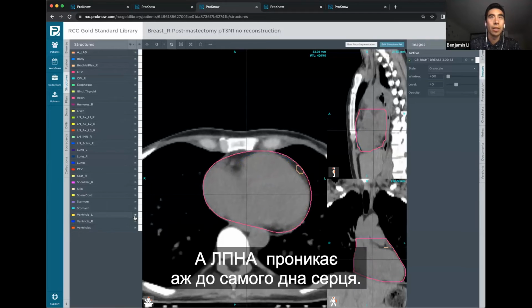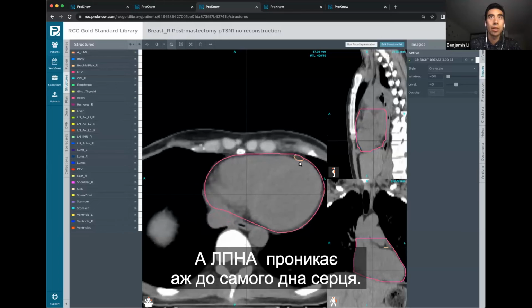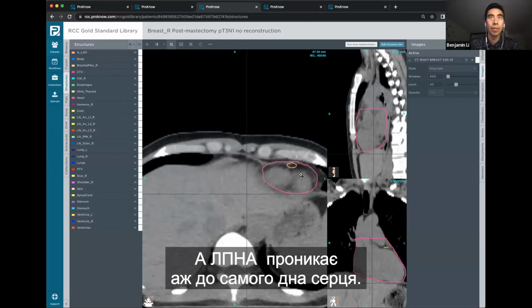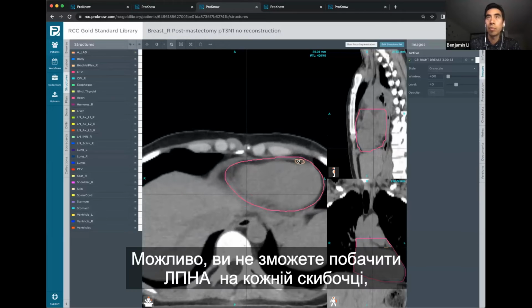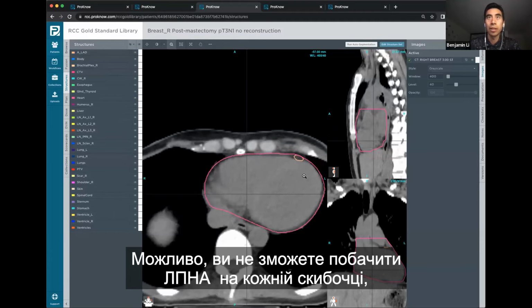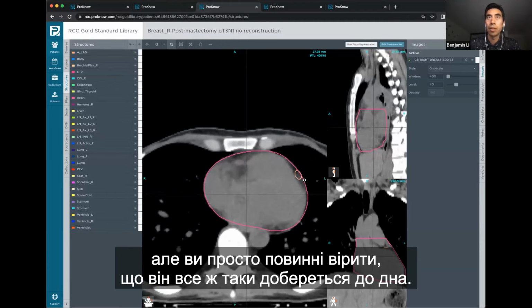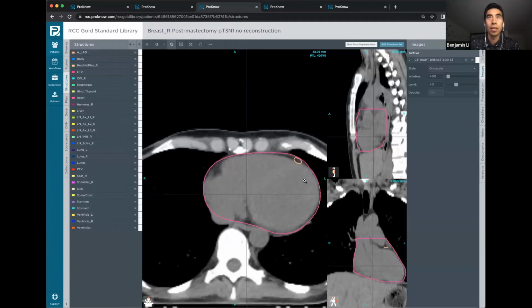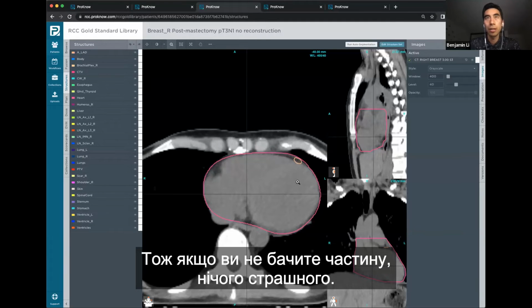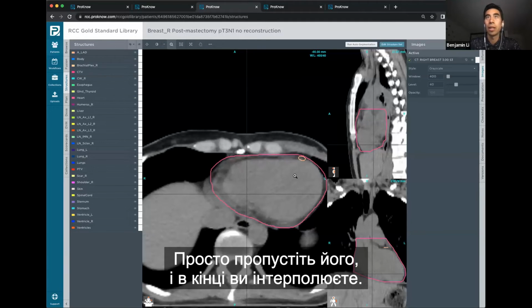And the LAD goes all the way down to the bottom of the heart. You may not be able to see the LAD on every slice, but you just have to have faith that it does make its way down to the bottom. So if there's a slice that you can't see it, that's okay. Just skip it, and at the end you'll interpolate.